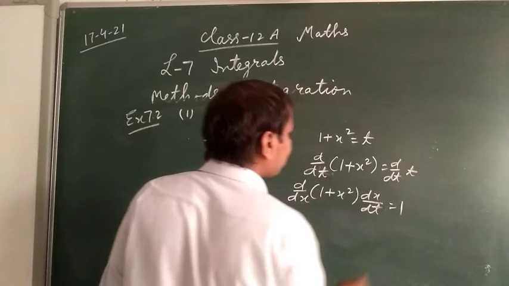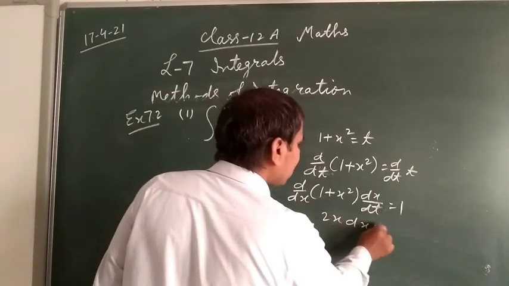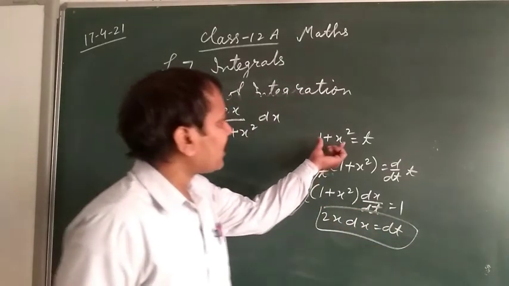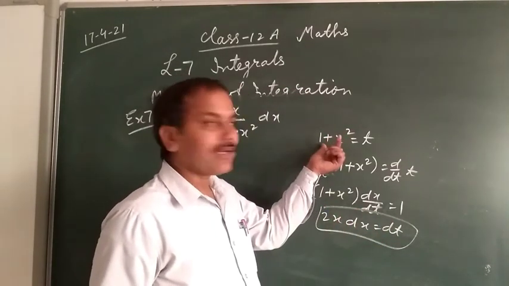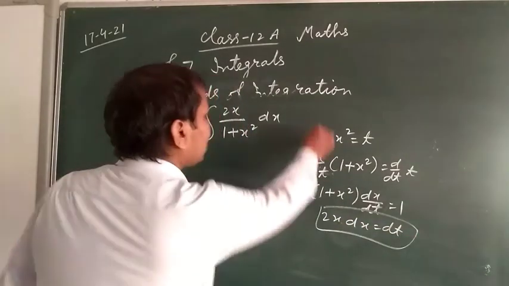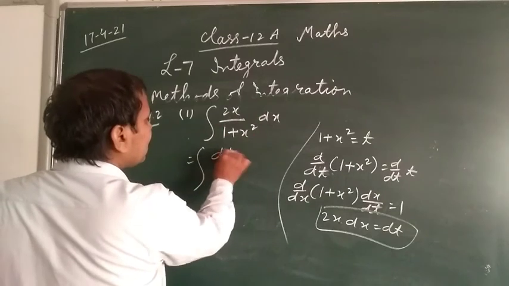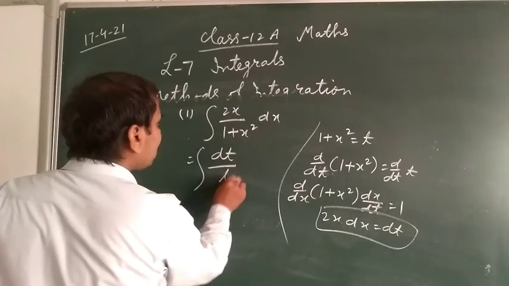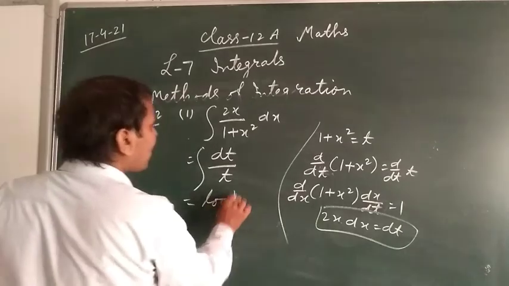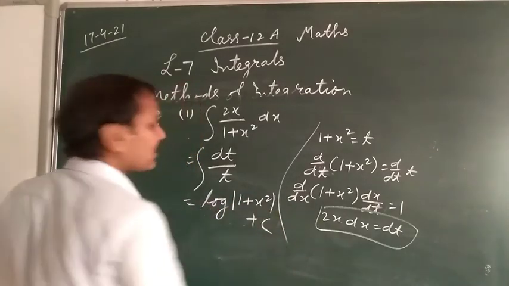The differentiation of 1 plus x square is 2x, so 2x dx equals dt. In place of 2x dx we write dt, so dt upon 1 plus x square, so 1 upon t gives log t, that is log of 1 plus x square plus c.